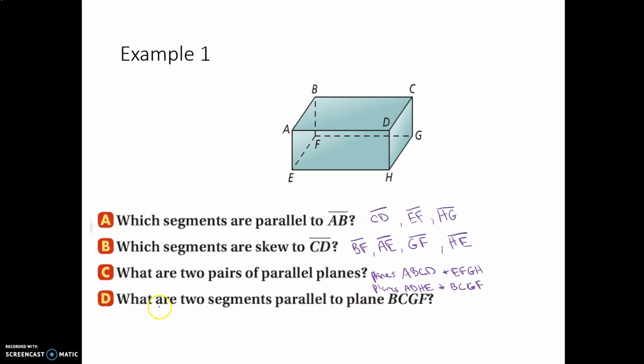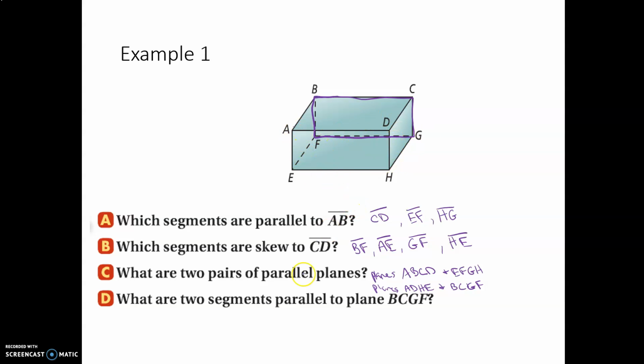And the last one, what are two segments parallel to plane B, C, G, F? So let's find B, C, G, F first. B, C, G, F is that whole back plane. So we want two segments parallel to that plane. So you can either go up and down or you can go left to right, doesn't matter.